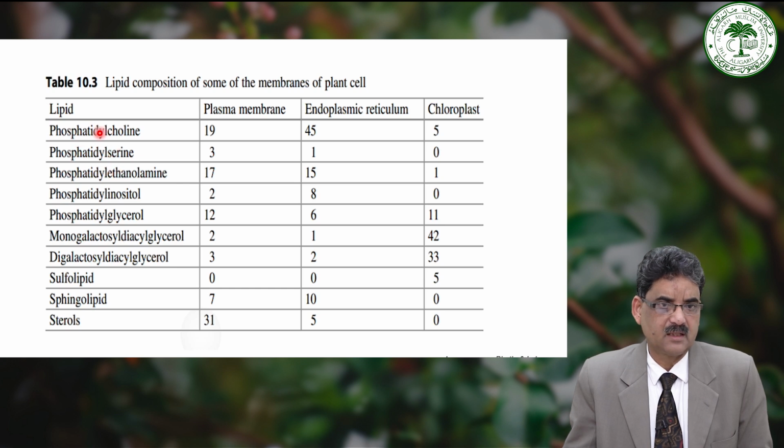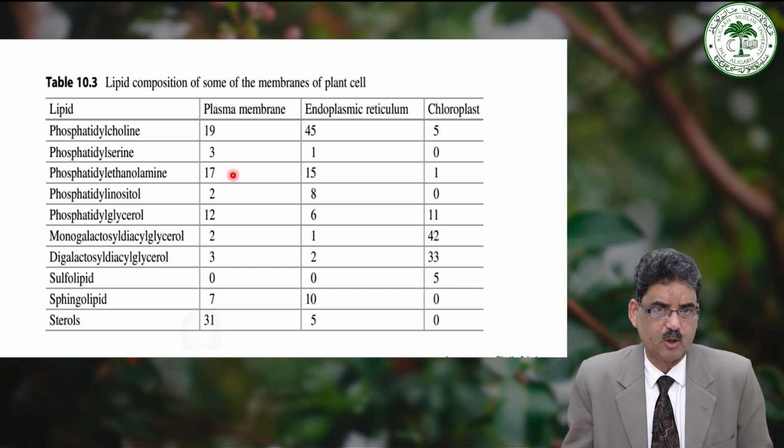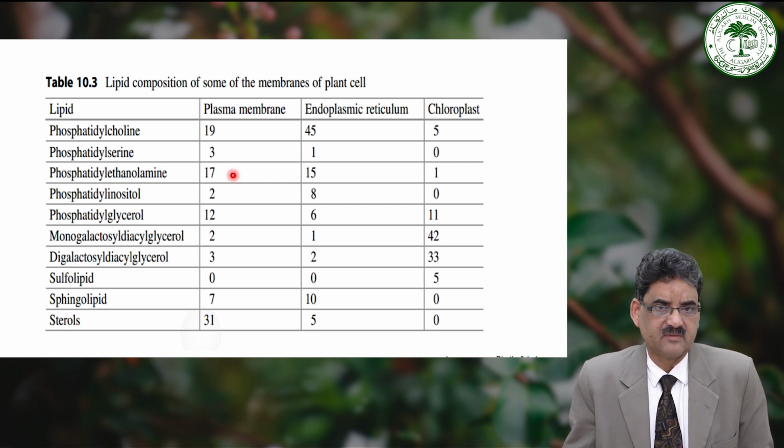Just have a look that each and every lipid has a different concentration in the plasma membrane as well as endoplasmic reticulum, whereas in the chloroplast, phosphatidylcholine is maximum in the endoplasmic reticulum, phosphatidylethanolamine is more in the plasma membrane as compared to endoplasmic reticulum as well as that of the chloroplast. Then phosphatidylinositol is absent from the chloroplast.